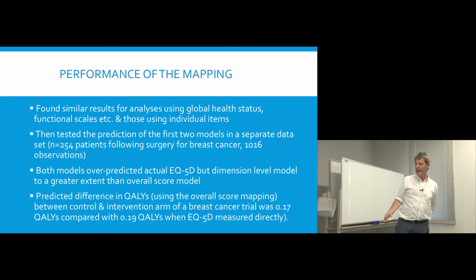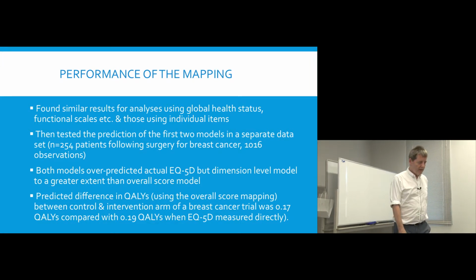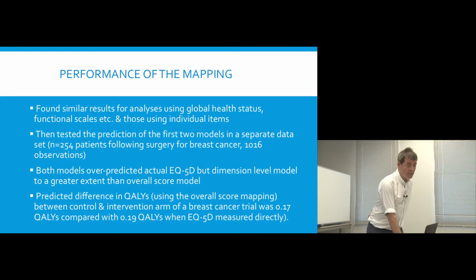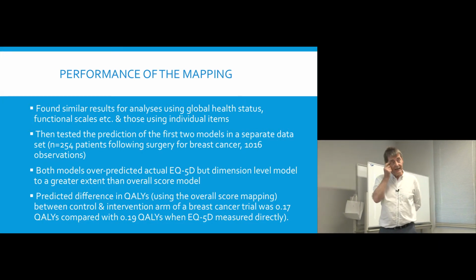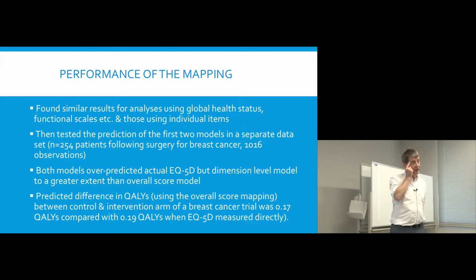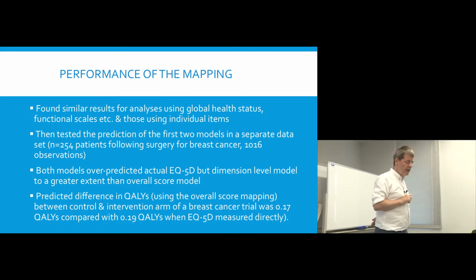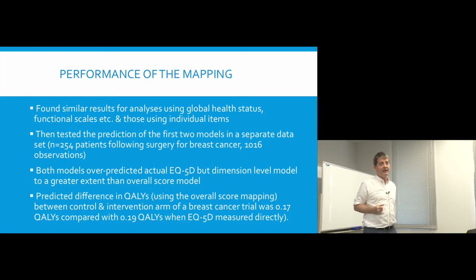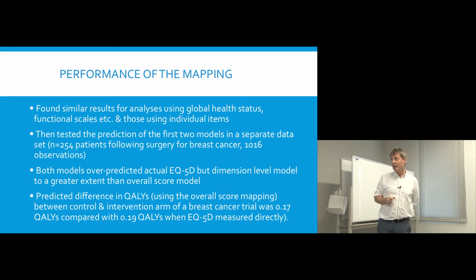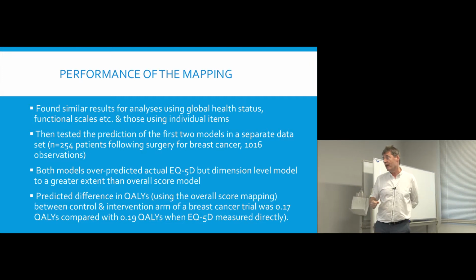They then did one final thing, which is quite interesting. They took data from a breast cancer trial where they did have EQ5D, but they also had QLQ-C30. And so they were able to compare the predicted QALY change using mapping with the actual QALY change because they had collected the EQ5D data. And what they found was really very similar results.